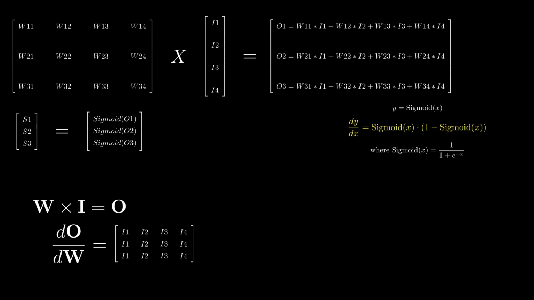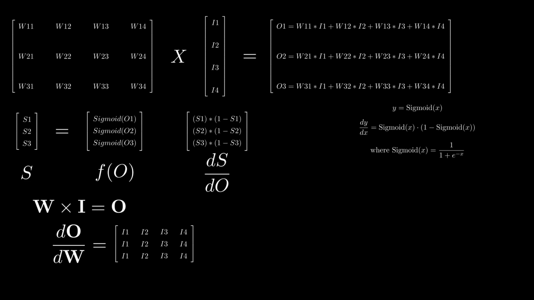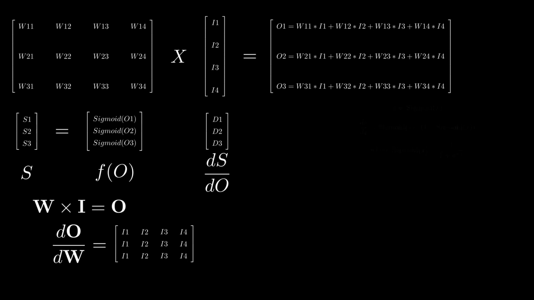The derivative of this sigmoid function can be given by this equation. If O is output matrix, then derivative of equation can be written as sigmoid of x into 1 minus sigmoid of x. Let's represent this derivative matrix with D, so we have derivatives d1, d2, and d3 for this matrix. Remember this matrix because we are going to use this in future.